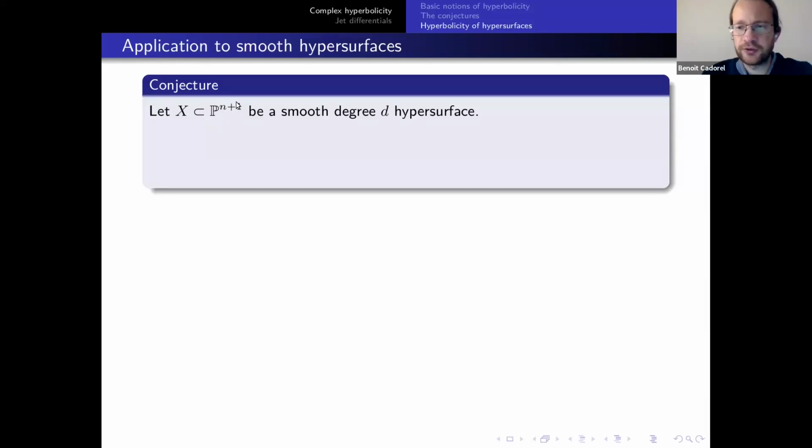And so the hypersurface will be of general type if d is strictly larger than n+2. And so the conjecture, the Green-Griffiths-Lang conjecture, predicts that if d is higher than n+3, then X should be quasi-Brody hyperbolic, namely there should be a proper algebraic subset in X containing any entire curve.